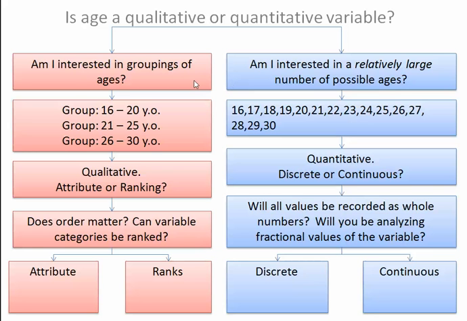The first tier asks whether it's a grouping or whether I have a large number of possible values. Then, once I've discerned whether it's qualitative or quantitative, I try to discern whether I'm dealing with an attribute or a ranking in the case of qualitative variables, or whether I'm dealing with discrete or continuous observations with a quantitative variable.